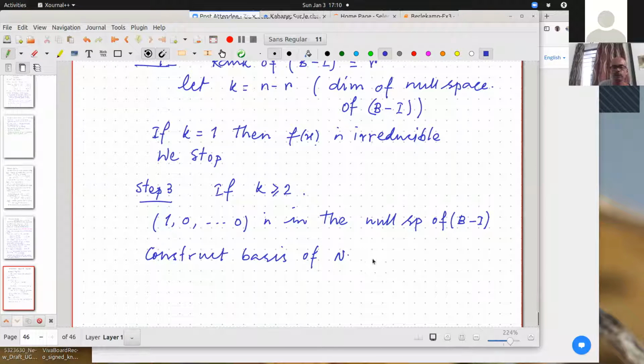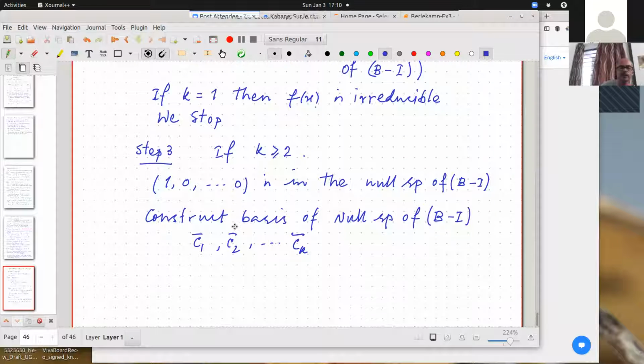Suppose the basis vectors are c1 bar, c2 bar, up to ck bar, where the first one is the vector we started with, that is 1 followed by n minus 1 zeros.